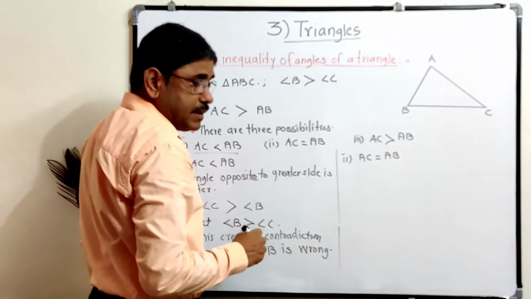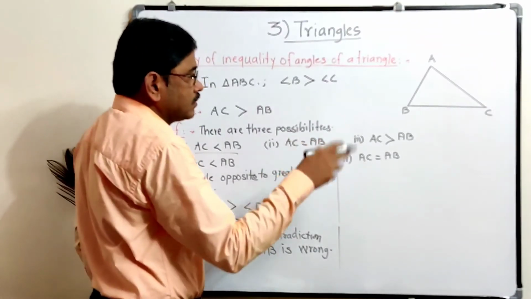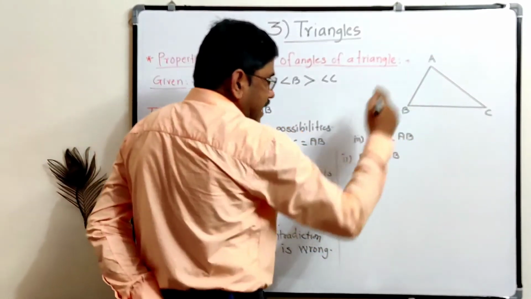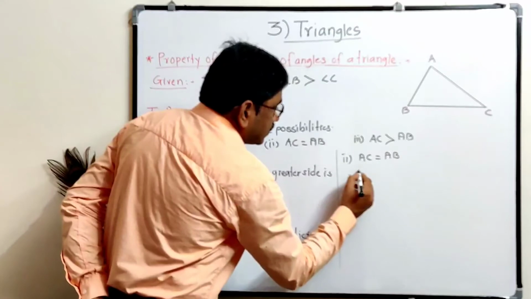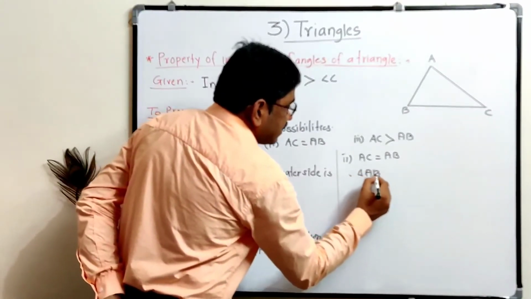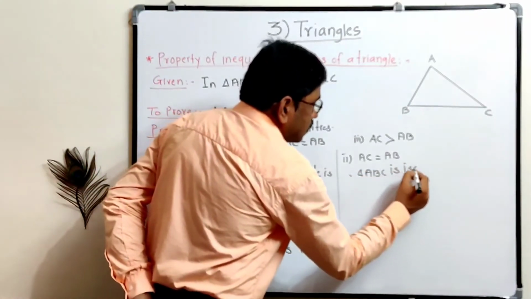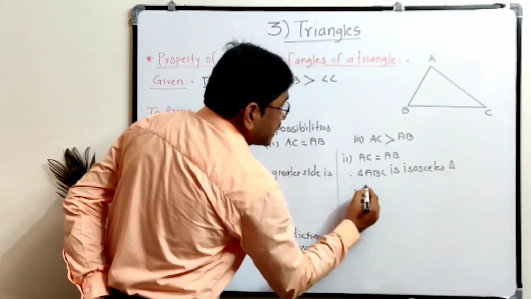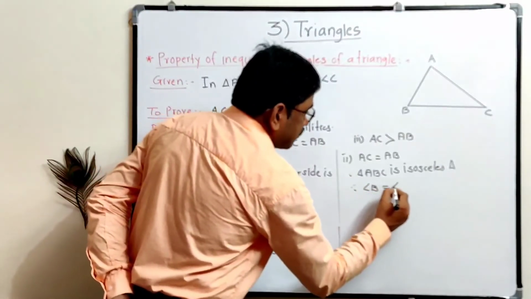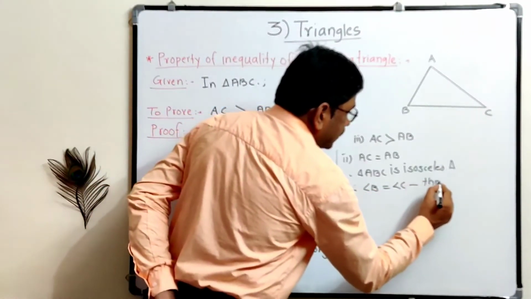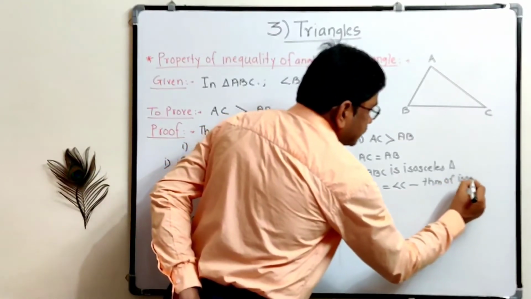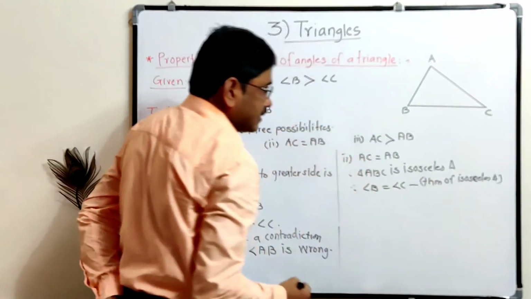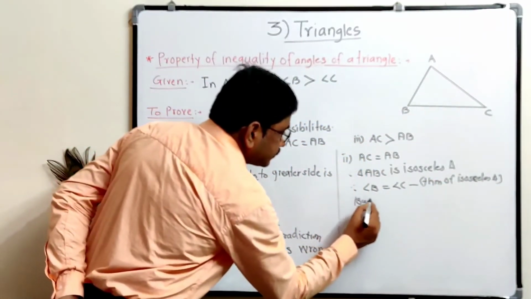Second condition, AC equals AB. If AC equals AB, then you know what? This becomes an isosceles triangle. Therefore, triangle ABC is an isosceles triangle. Therefore, by the isosceles triangle theorem, angle B is equal to angle C. But what is given?